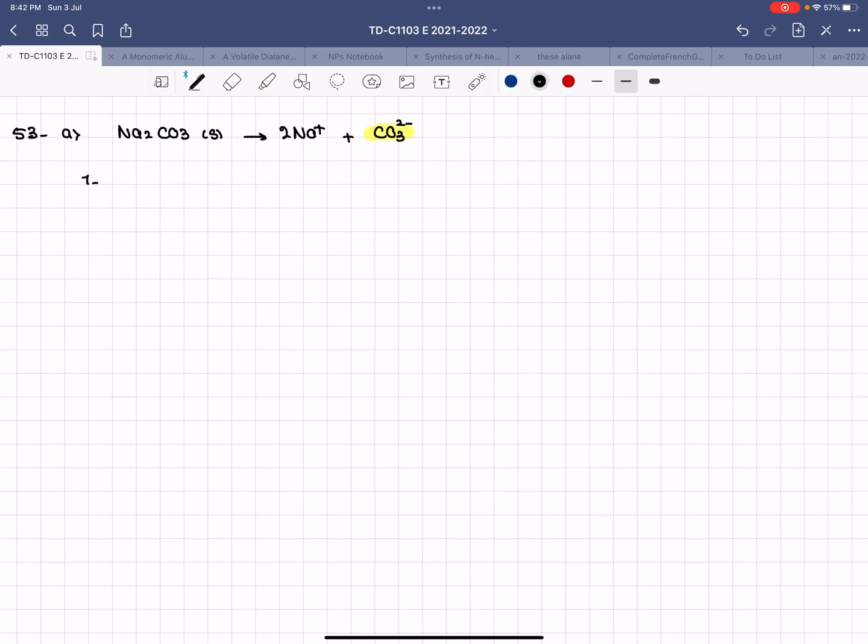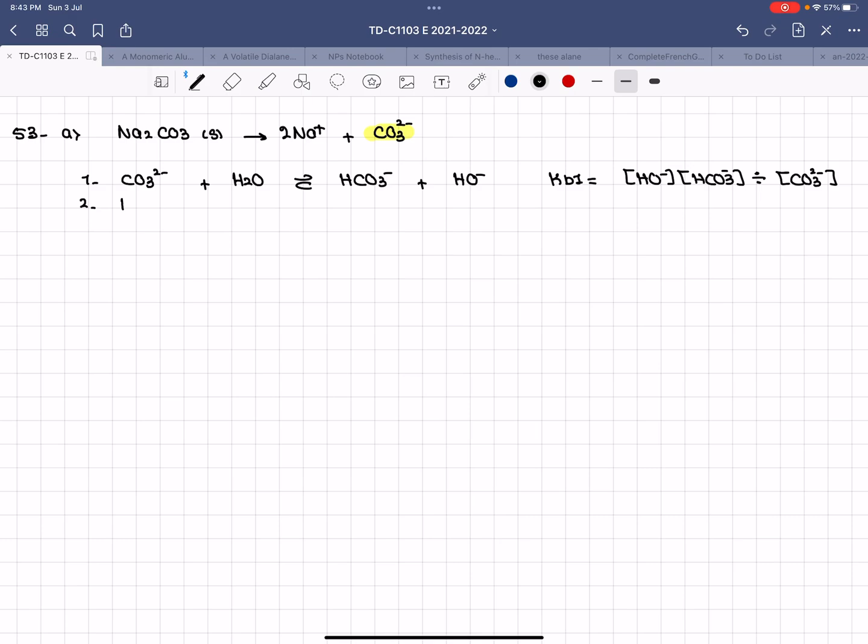So the first reaction is CO3 2- with H2O to give you HCO3- plus HO-, KB1, which is equal to HO- times HCO3- divided by CO3 2-.